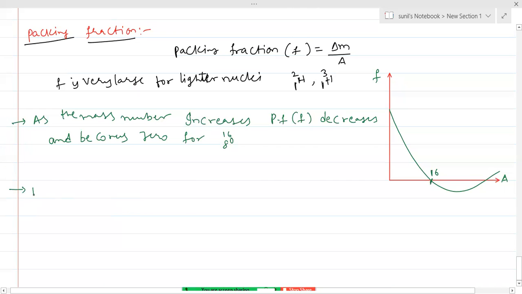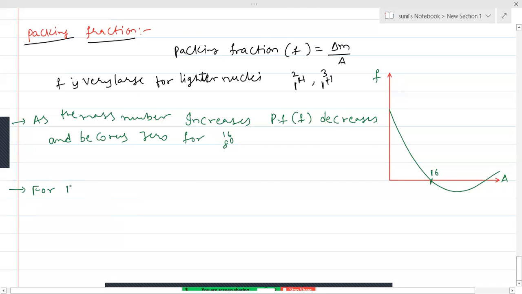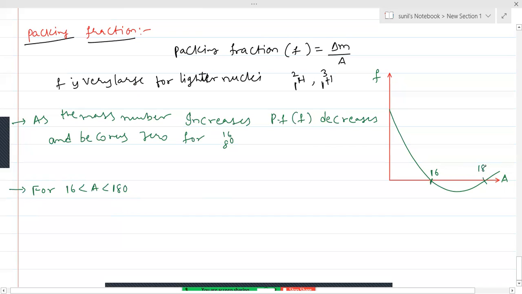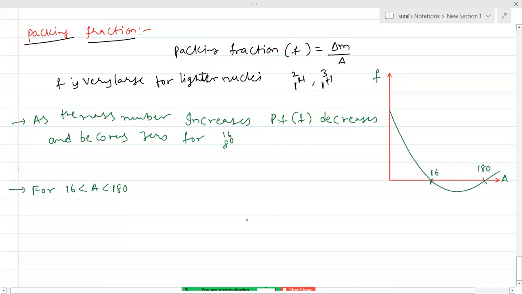And for the mass number in between 16 and, let us say, 180, these values are absolutely important.